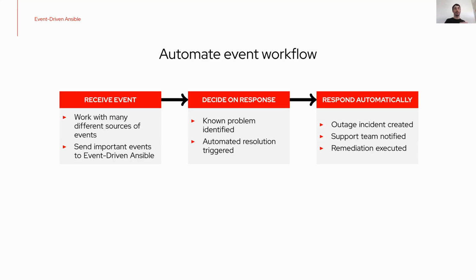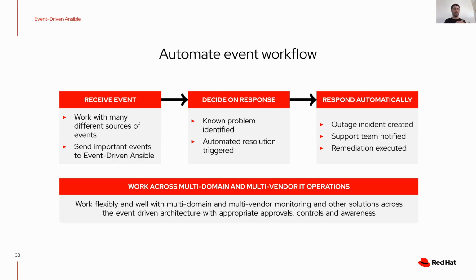And all of this works across multiple vendors, multiple technologies, technology stacks, and so on. So just to give you an example, you could have an event of any kind, because we don't really care too much about the source of the event as long as we can receive it, that says that a certain machine has a disk pressure issue.